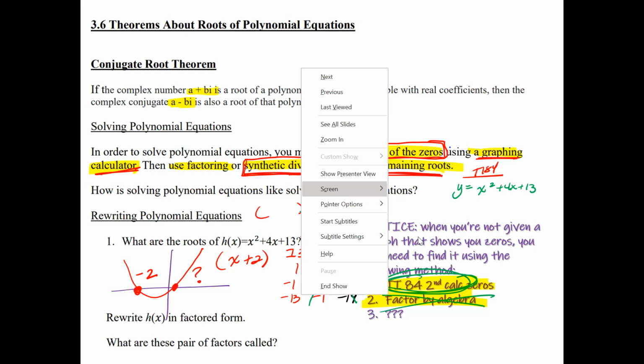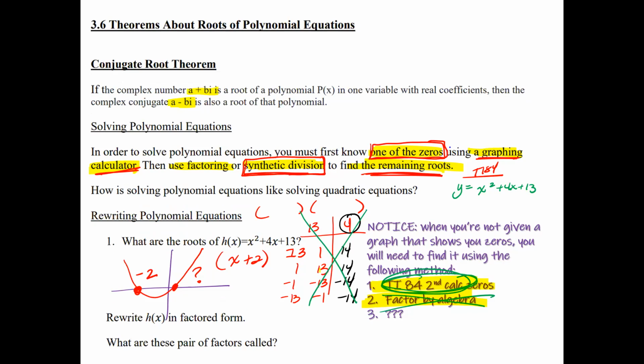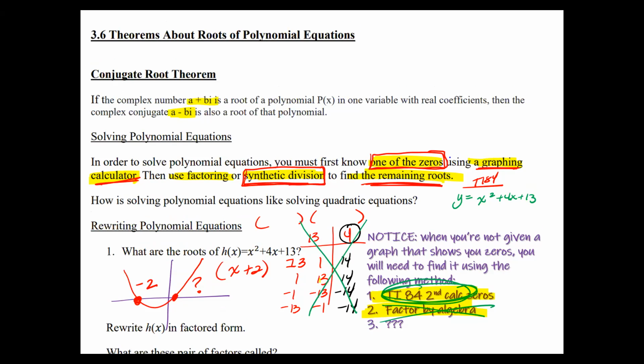Let's go ahead and do that. Let me move a little bit more space over here. We said that if one of the factors is x minus 2, we're going to divide that in.